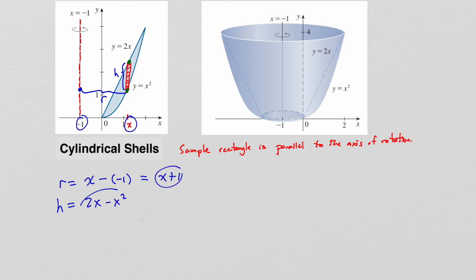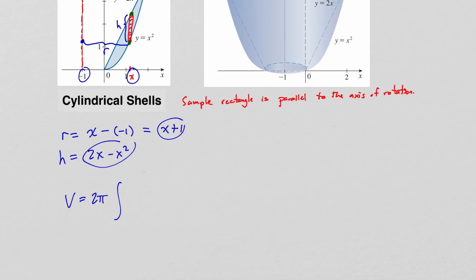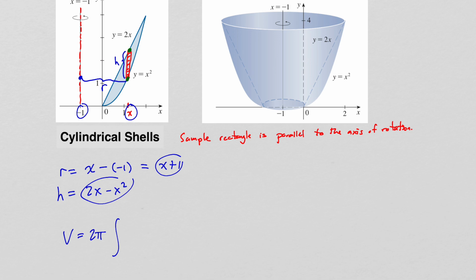And now that I have my radius and my height, I can go ahead and find the volume by using the formula for finding volume with cylindrical shells. Now, when you integrate, one key thing to point out here is that these two functions, 2x and x squared, meet at the point 2, 4.